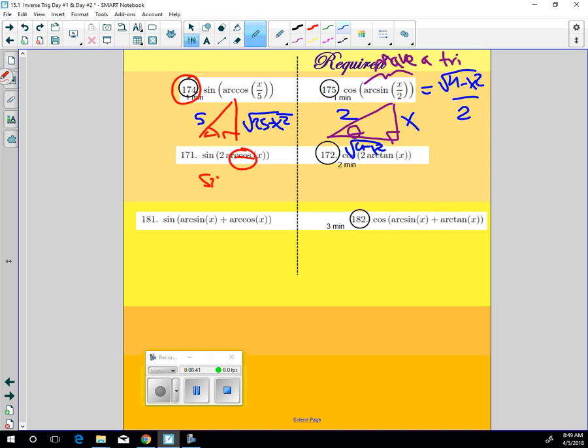Does sine 2 theta make you think, what does that remind you of? The formula sine 2 theta, right? So the formula sine 2 theta is a formula we have to work with. Sine 2 theta is 2 sine of the arc cosine of x times the cosine of the arc cosine of x.